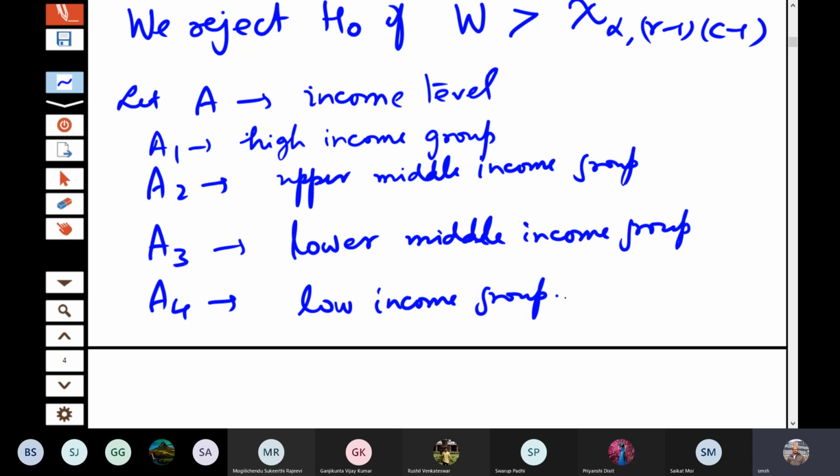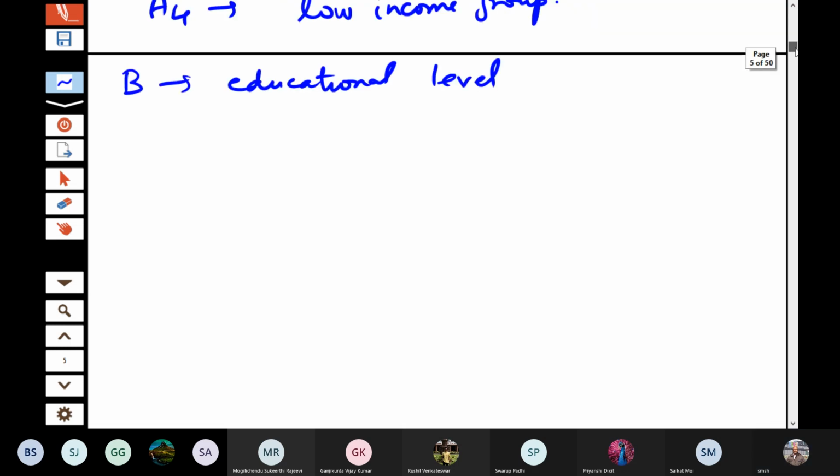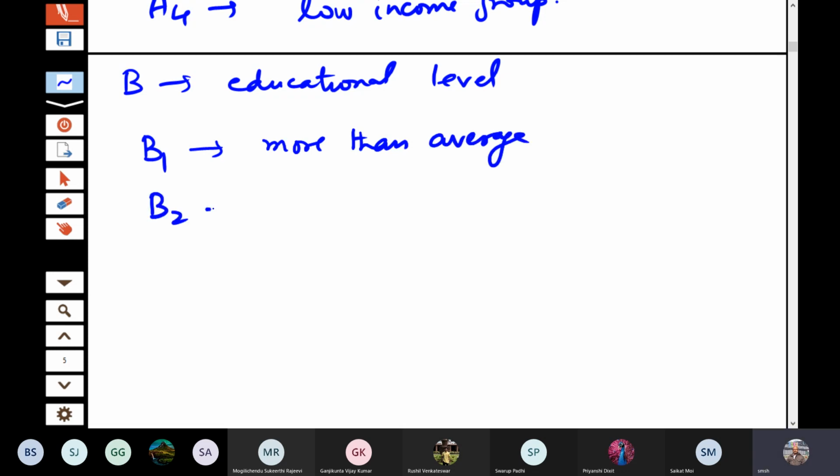Similarly, suppose I have 3 education levels, and I consider B1 as more than average, B2 as average, and B3 is below average.